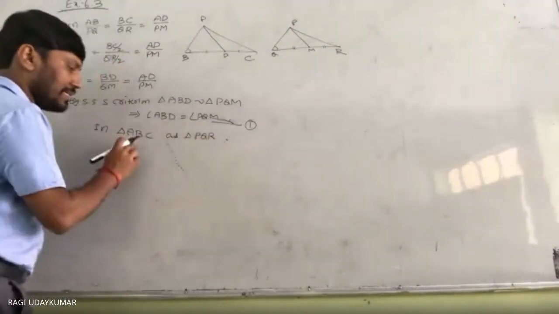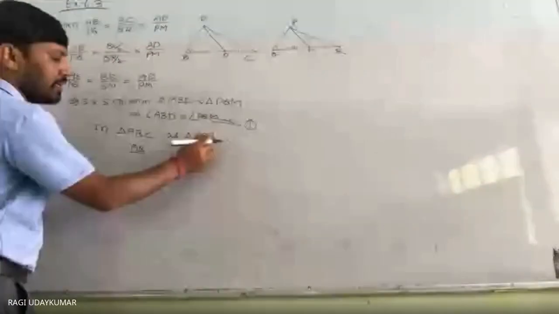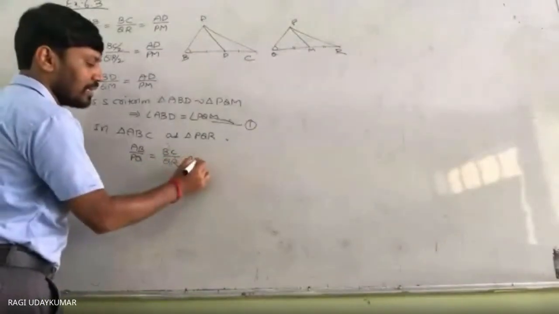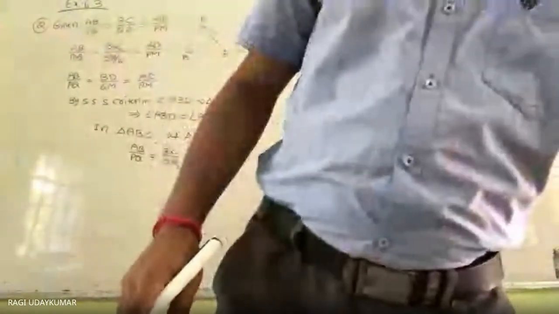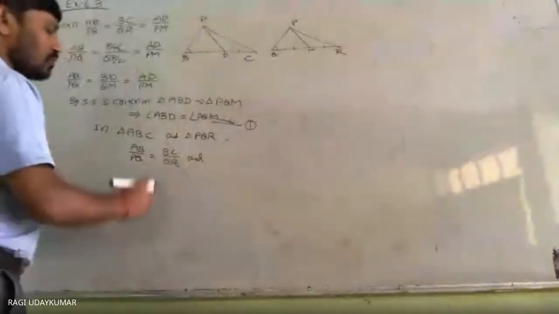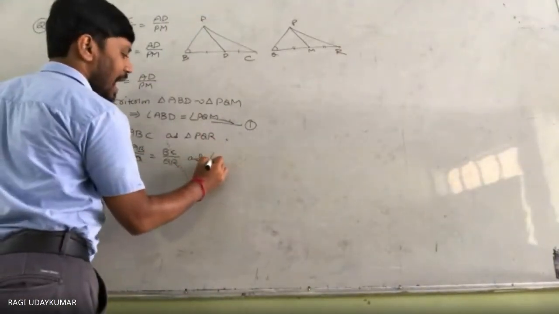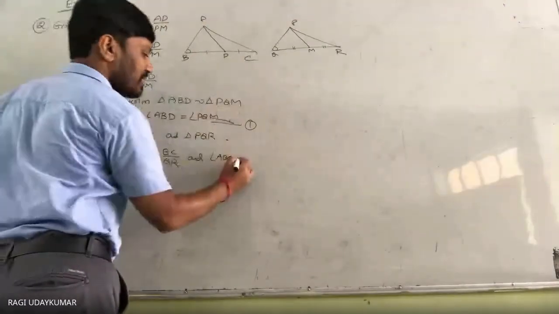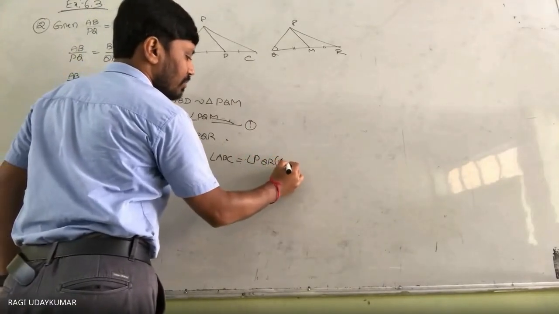In these two triangles, AB by PQ is equal to BC by QR. This is given. So this is QR, and also from 1, angle ABC, ABD or ABC both are the same, is equal to angle PQR from 1.